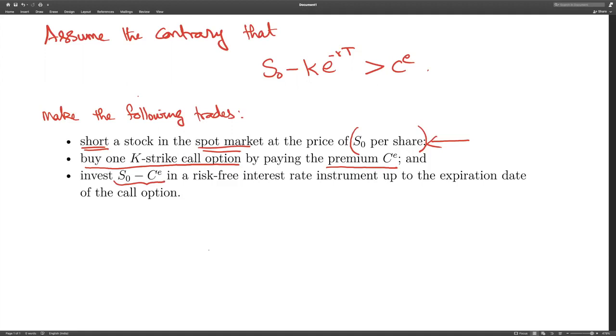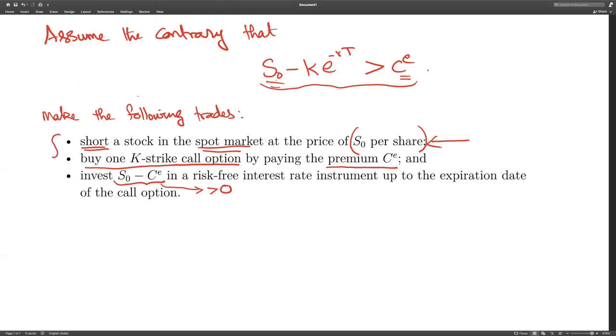Now you can see from the given condition that S naught minus CE is greater than K times e to the power of minus RT, which is a positive number. Therefore, S naught minus CE is a positive number. That is what our assumption says. So this amount can therefore be invested in a risk-free interest rate instrument. In the worst case, you can just put it in a savings account.